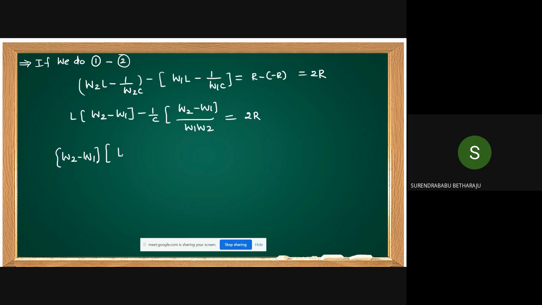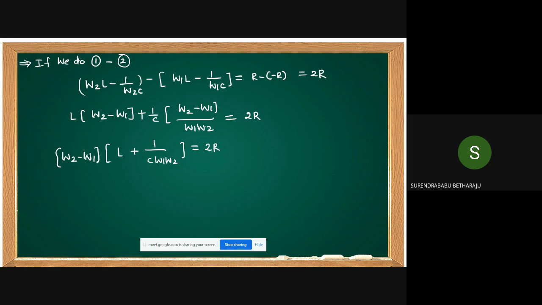You are taking 1 by C common, minus 1 by C common, or plus 1 by C common. Then 1 by omega 1 C minus 1 by omega 2 C. I think it is a plus 1 by C. Is it correct, sir? Then you take L plus 1 by C into omega 1 into omega 2. Just mathematical simplification only, sir. Nothing is there.